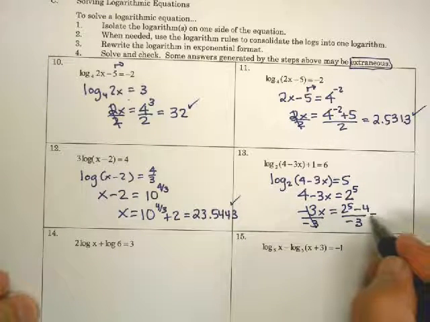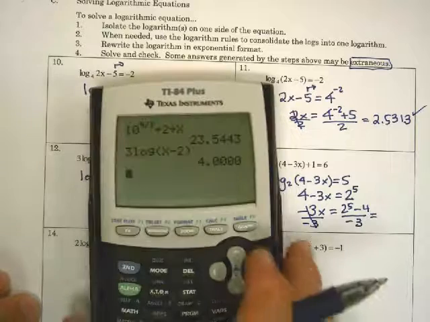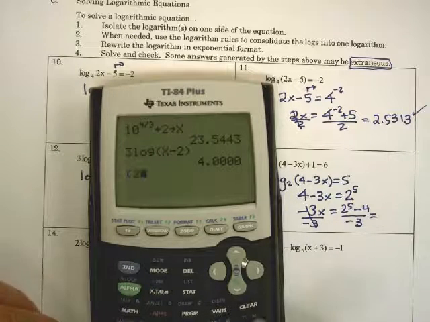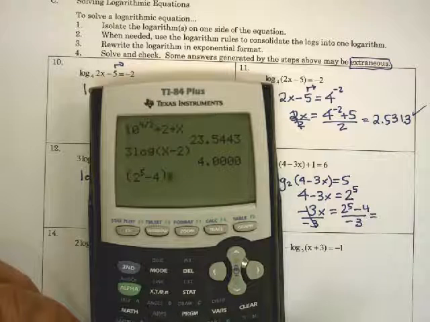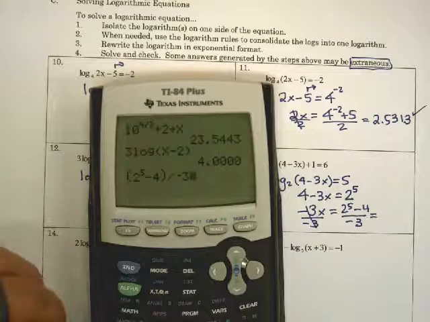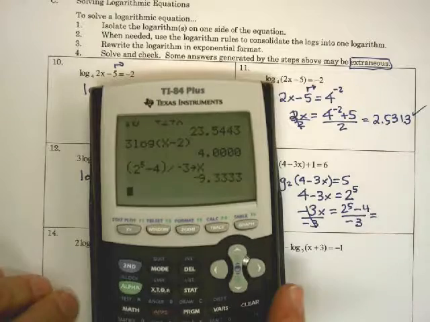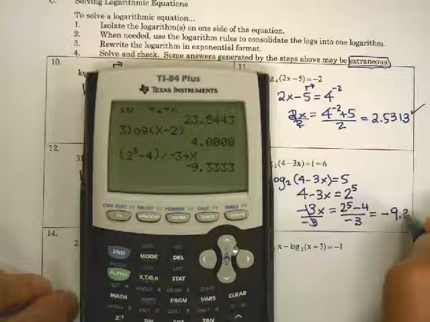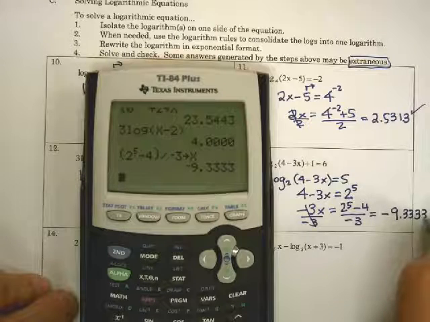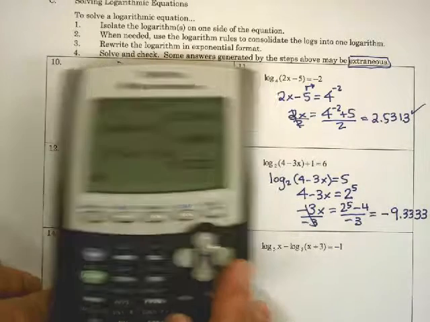And let's see what this gives us. 2 to the 5th minus 4, divided by -3, I'm going to store that as I find it. Okay, -9 1/3 is what that is. Okay, I've got it stored already.